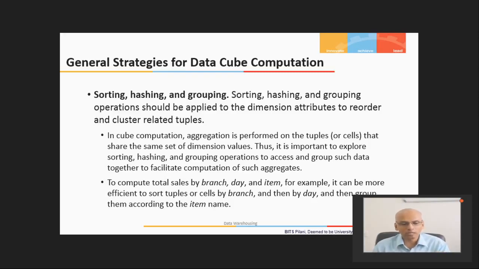Those are the records of importance for this dimension. So using the appropriate sorting for calculating the aggregate is going to significantly improve the performance. Looking at the example of branch, day, item summaries, it will help significantly if you sort the tuples by branch followed by day and then group them by item.